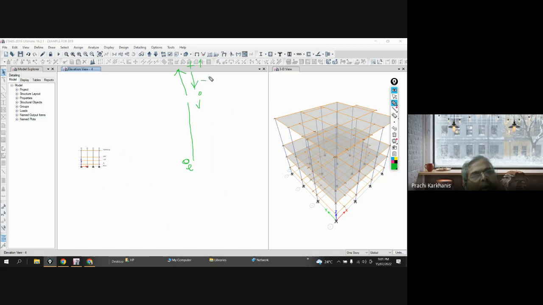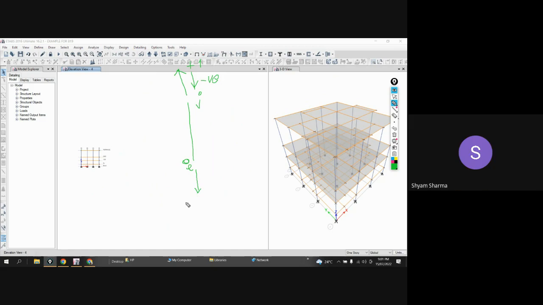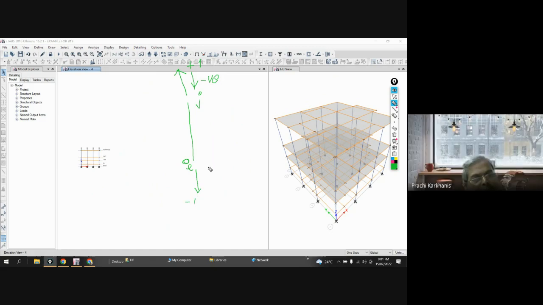That's why it is negative. Okay, and at the I end, what is happening? You are having a downward direction, -1, negative, and if you are getting a force in this direction, then negative will be positive, but here you are getting force in this direction. That's why also it is negative.